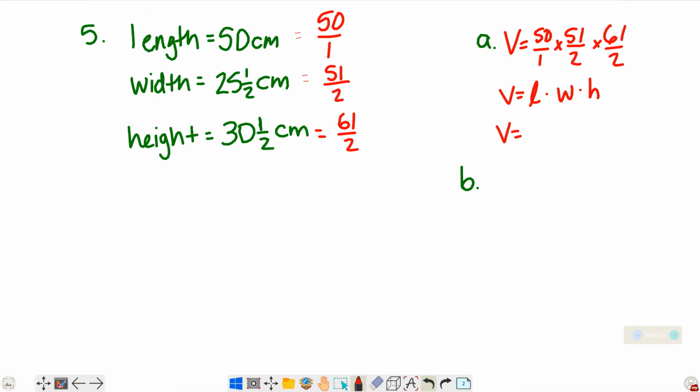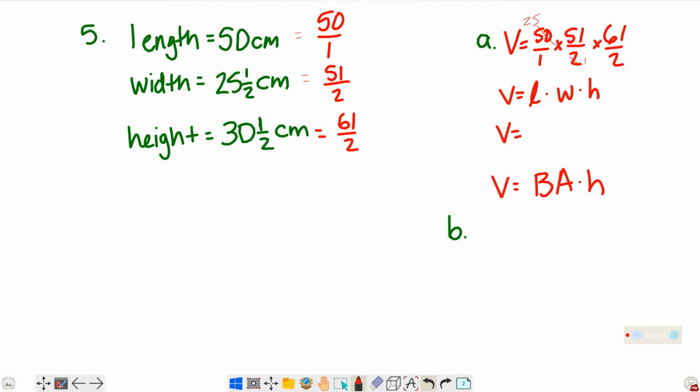Or we can do, I need to give myself some more space. Or we can do the base area times height version. To do that, we could divide out the 2, which leaves us with 25 over 1.